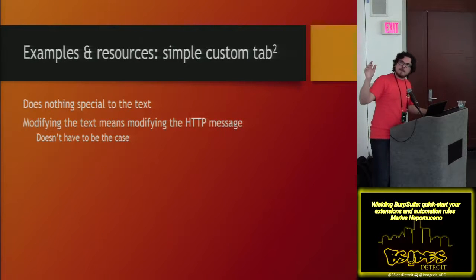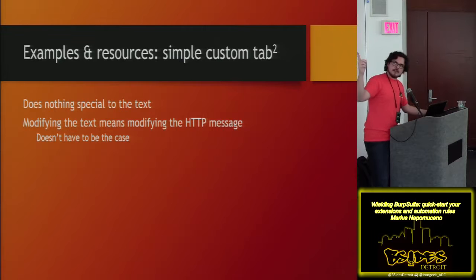In this case, okay, I lied a little bit. It's not the same as the raw BurpSuite tab, because in the raw tab, if you modify anything in there, that'll actually be what gets sent over the wire. In this case, because I wanted to make a point, modifying the text, never mind, I was right the first time.